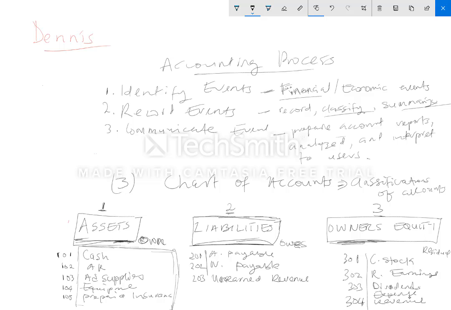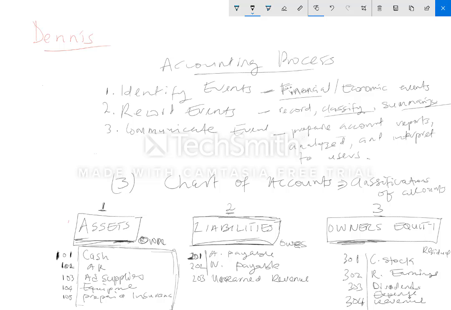So this is to make this simple, and these numbers you will use as a reference in the general ledger. So we're going to talk about that later. This is a reference number or account number control.